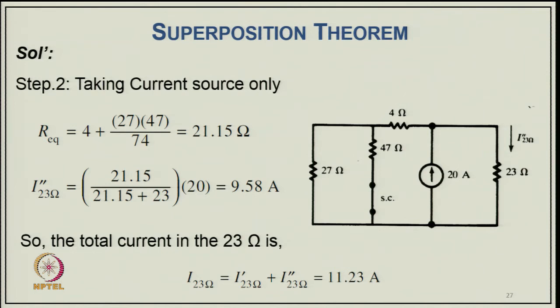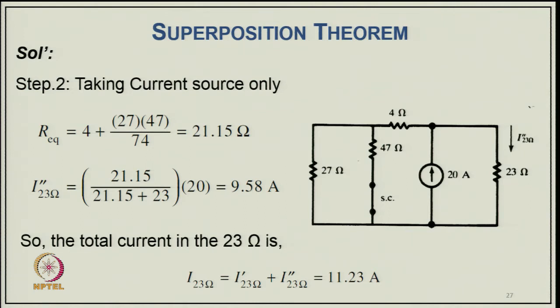Now step 2 is taking the current source only and taking the voltage source as a short circuit. In this case we again find the equivalent resistance on this side. That is 4 plus the parallel combination of 27 and 47, so it comes to 21.15 ohm. We can find the current into this branch, which we call I double dash 23.